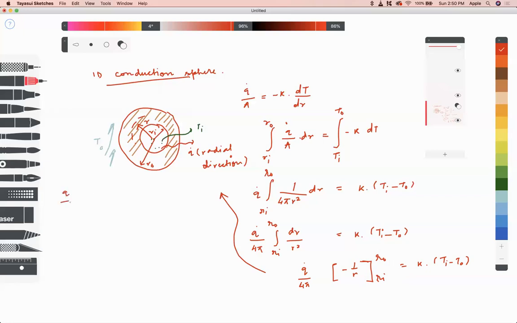So from here I will just continue. This will be Q dot by 4 pi, and here it will be 1 by ri minus 1 by r0.